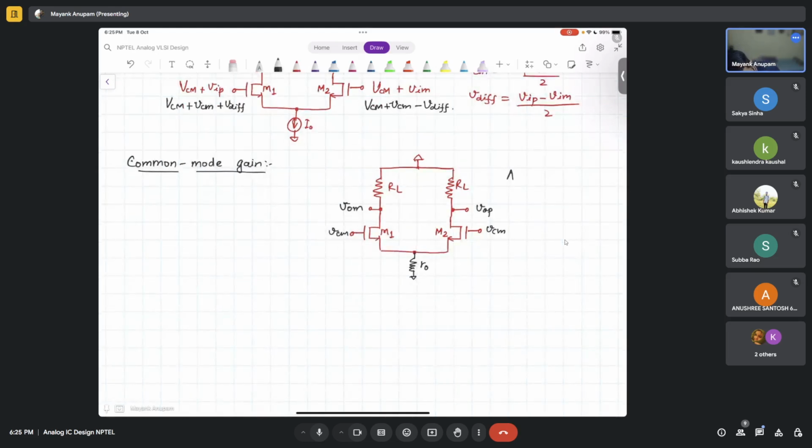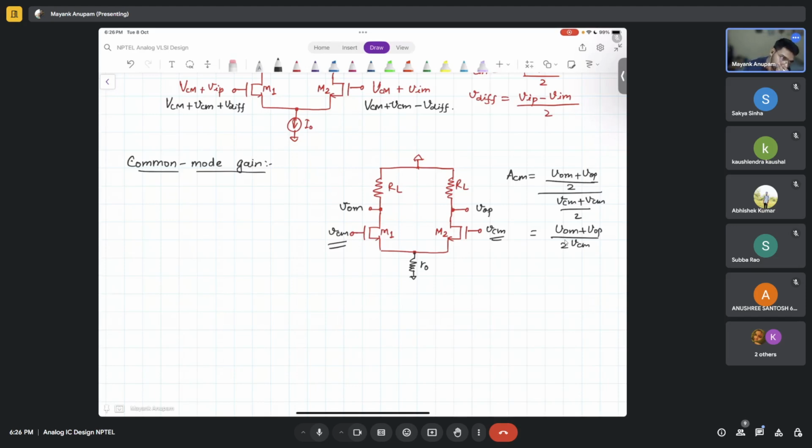The common mode gain formula will be VOM plus VOP divided by 2, divided by the input common mode, which is VCM plus VCM divided by 2. Or in other words, it will be VOM plus VOP divided by 2 times VCM. This is the common mode gain.